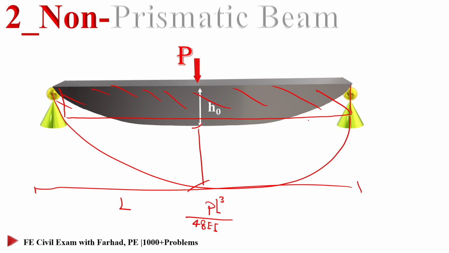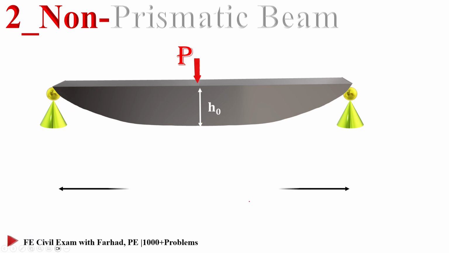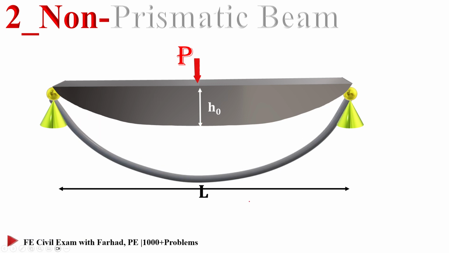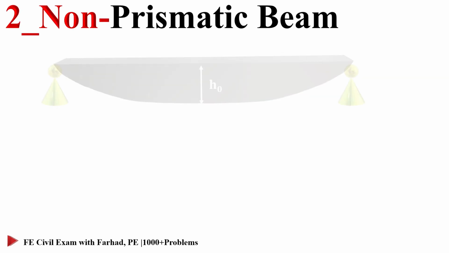But this time we want to solve it for a non-prismatic scenario. So let's see how we can approach this condition. The length of the beam again is L. We are looking for the maximum deflection, delta max, at the center for this non-prismatic beam with a concentrated load and two simple supports.